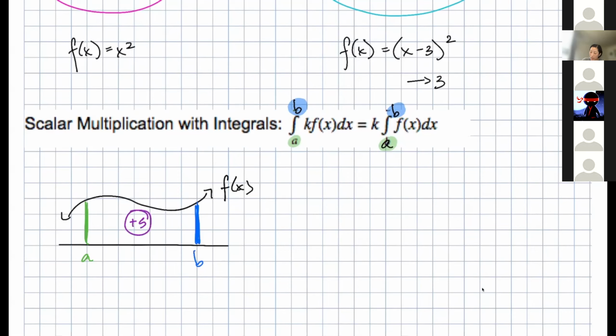Now, this K here, pick a different color, this K means that I would take my area and I would multiply it by K. So if K were 2, what would that new area be?